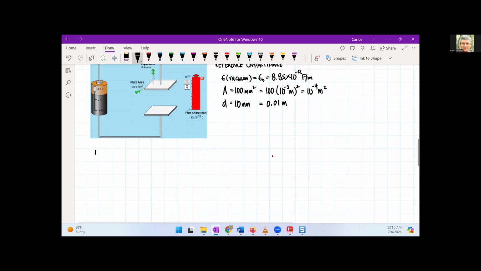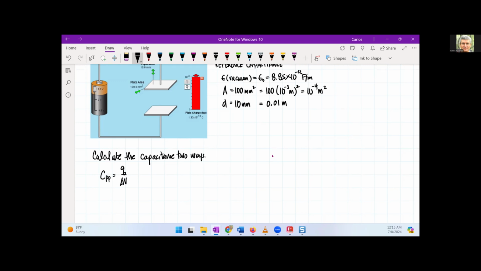So now let's go calculate the capacitance two ways. The first way is that our capacitance for a parallel plate capacitor, using the capacitor equation, is this value right here.